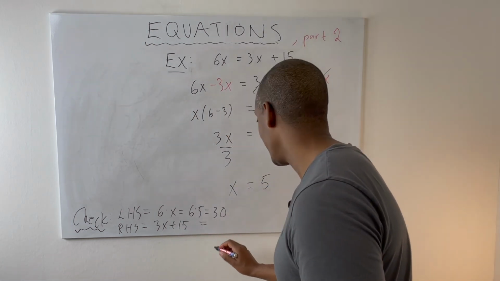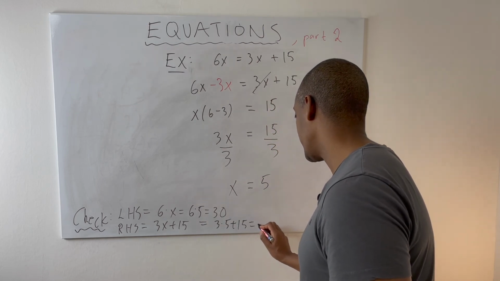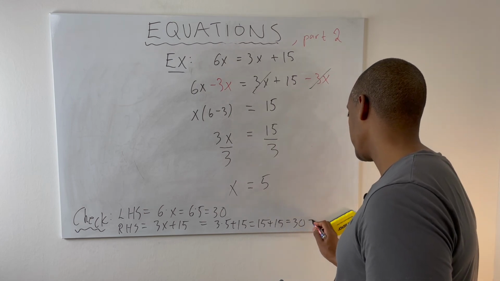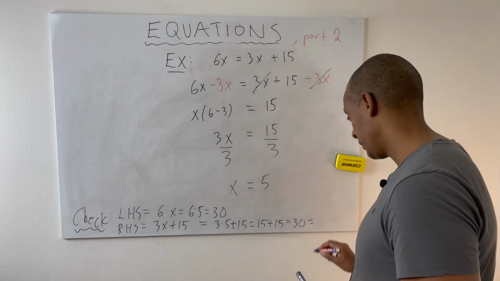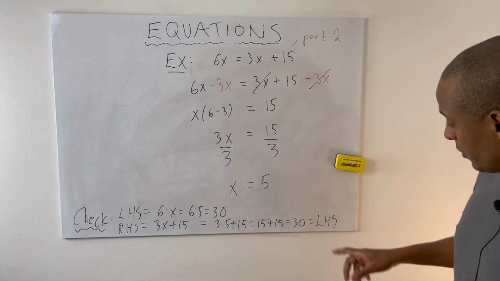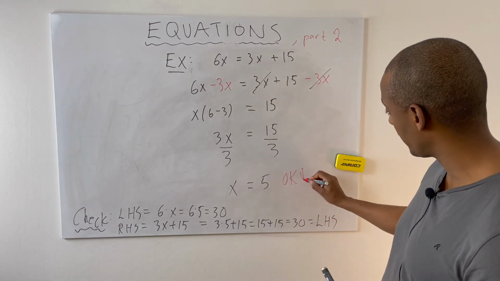Right? And that is 3 times 5 plus 15. That's 15 plus 15, which is also equal to 30. So it's equal to the left-hand side. So the right and the left-hand side are the same, so the solution is all okay.